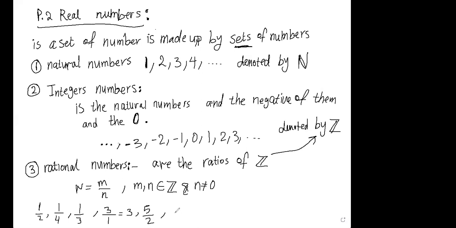Why? Because it gives an undefined number. The undefined number looks like 4 over 0, or any number over 0. Okay. Yes, Denise.